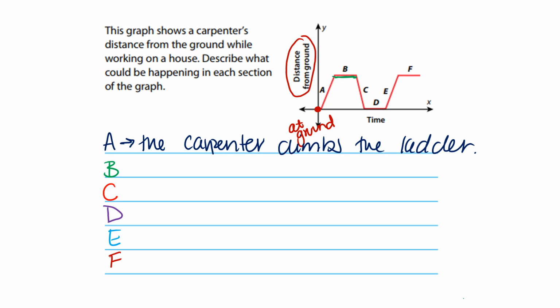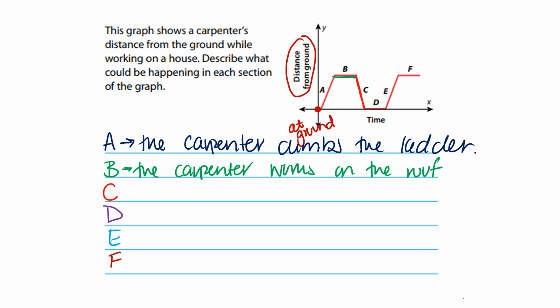He's away from the ground. So in section B, we can say he's working on the roof. Again, you get to create your own story in these scenarios, as long as the story matches the graph.